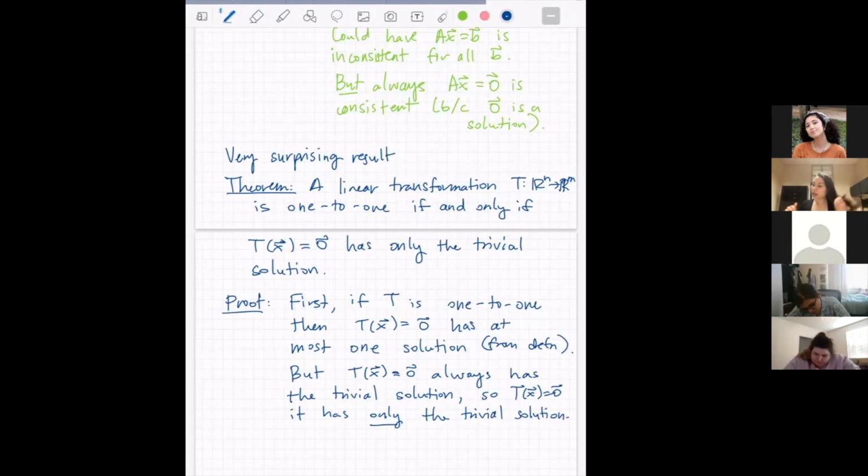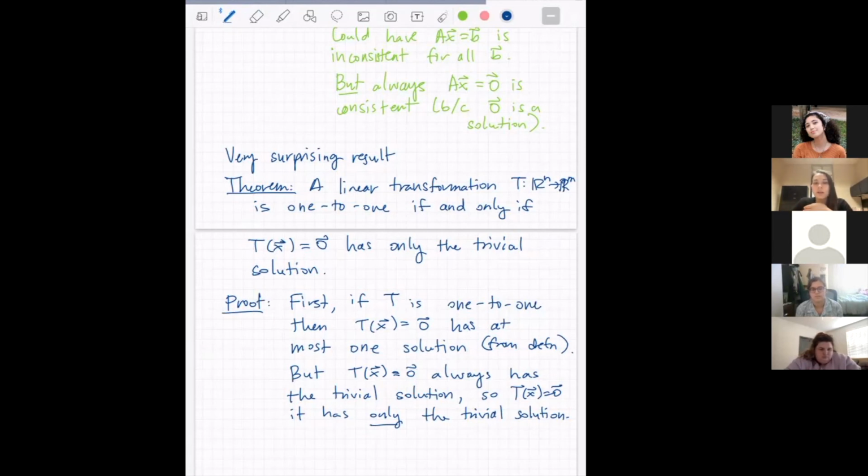Okay, so that goes, sorry. One-to-one means there's at most one solution, and if it equals the 0 vector, then that only solution has to be the trivial solution. Yeah, exactly. So we showed that if it is one-to-one, then that equation has only the trivial solution.